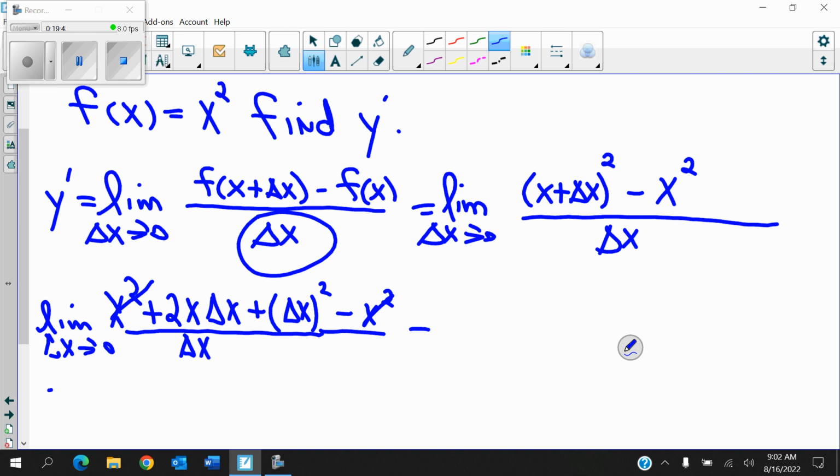So now I'm left with the limit as delta x approaches 0 of 2x delta x plus the quantity delta x all squared. And that is it, because the delta x's will cancel out. Pull them out in front, bingo, they cancel, and we're left with that.